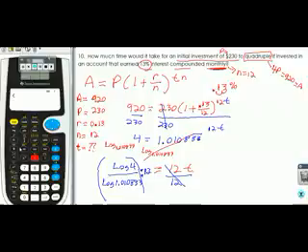Big old parenthesis, log of 4, over log of 1.0100833.